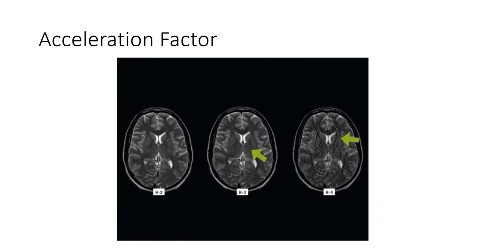And no surprise here, we have a much noisier image on the right side because we have acquired the image quicker, and this means that we sampled fewer K-space lines, which in turn led to a noisier image.